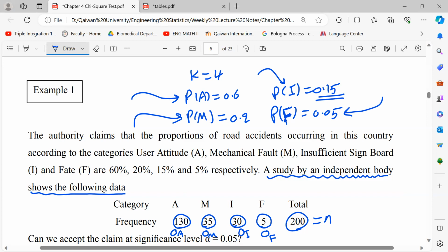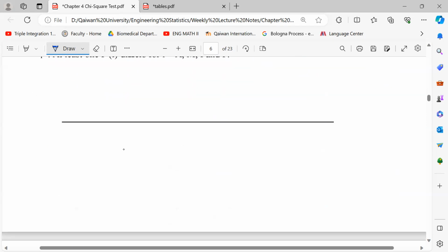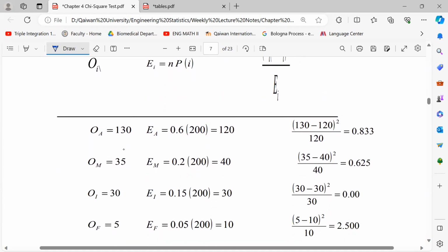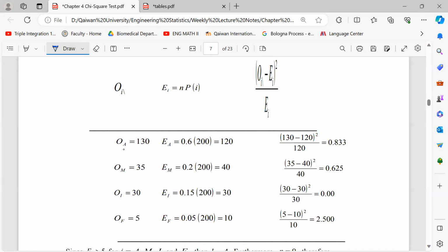We now have observed frequencies and expected frequencies. We are now ready to make the table. These are the observed frequencies which are given, and here we found the expected frequencies.